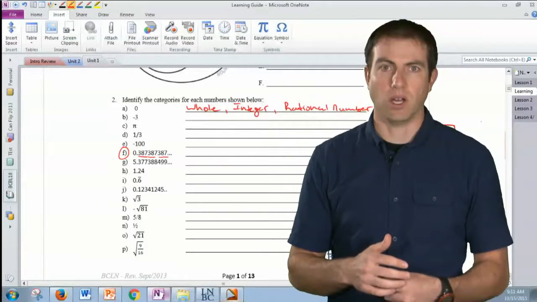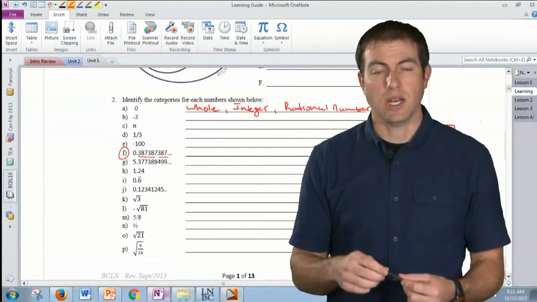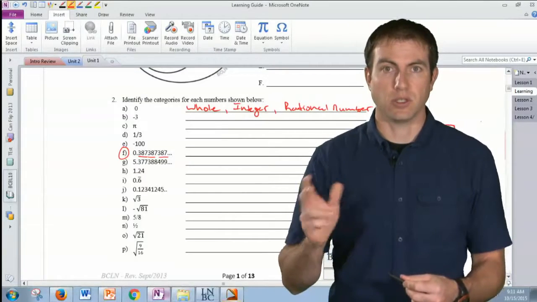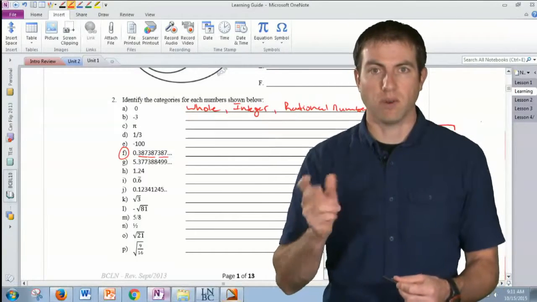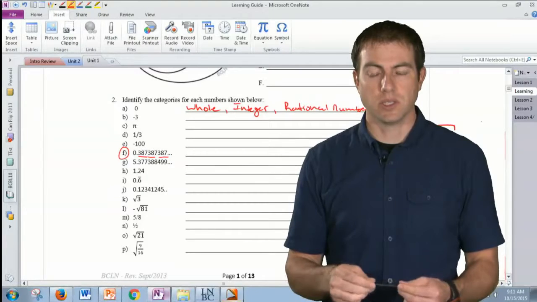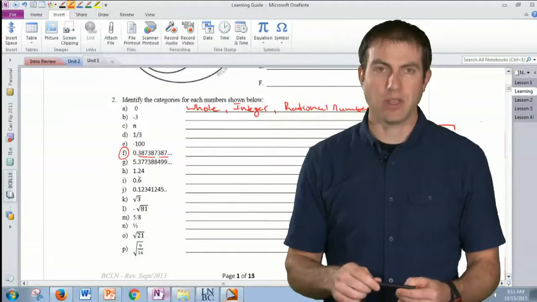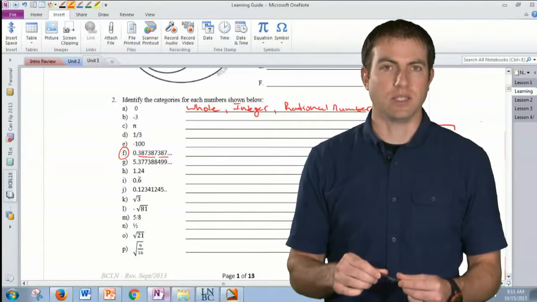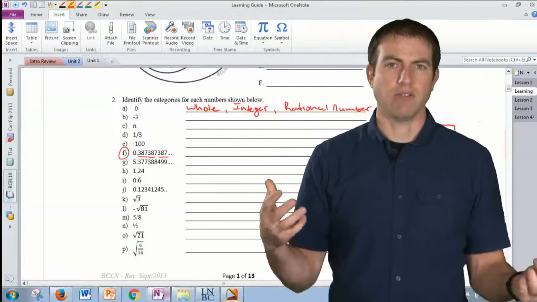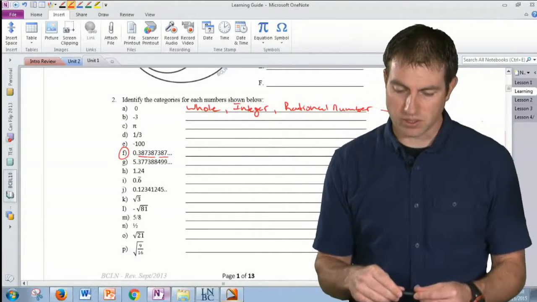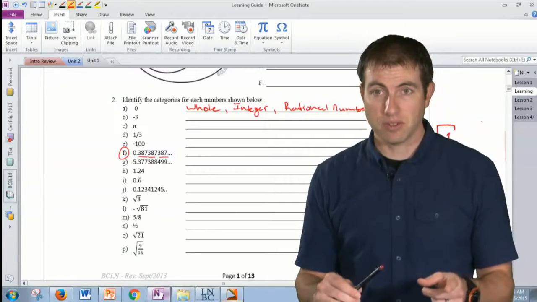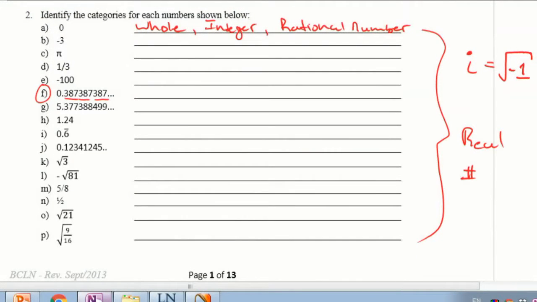We use it in electricity, dealing with electrical currents and how they flip back and forth. I can't think of a lot of other applications off the top of my head because there aren't a ton in our everyday lives. But back to F. Hopefully that answers your question, Alex.